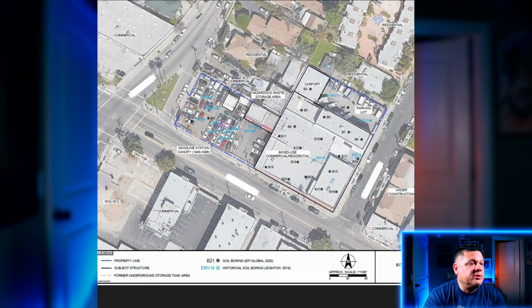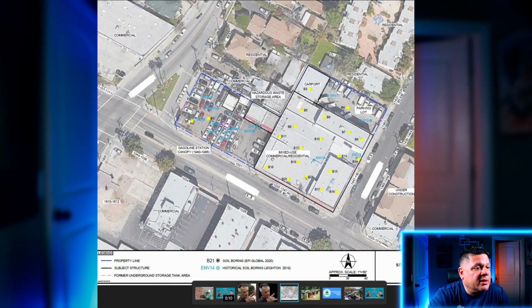And here's a transaction that I'm working on right now, where you'll see that this actually had a phase two on it. And if you look here, you see B16, B17, B21. These are all sites or holes that have been bored on the property.